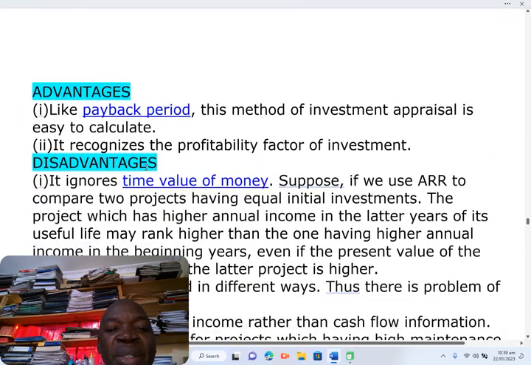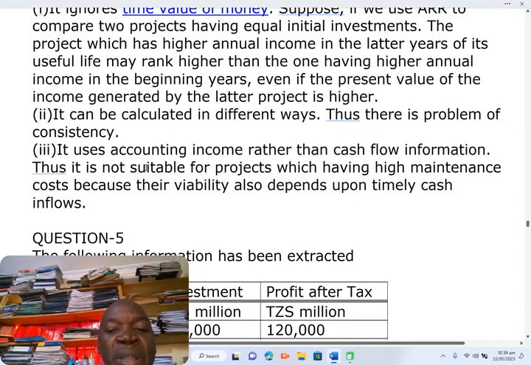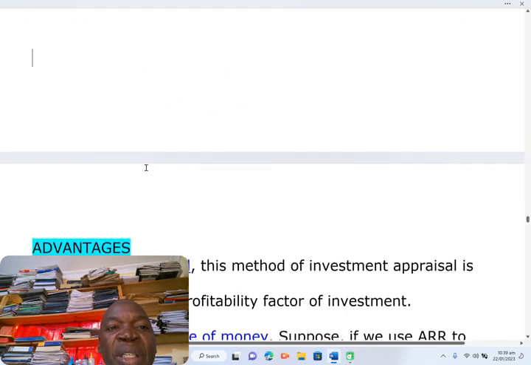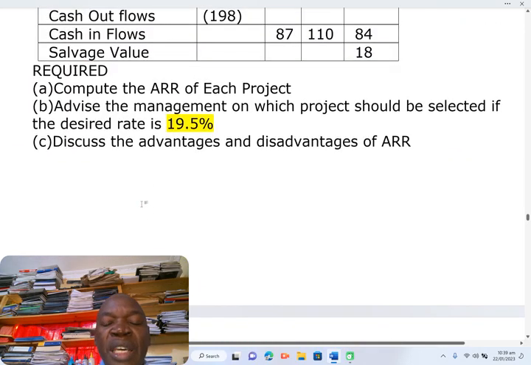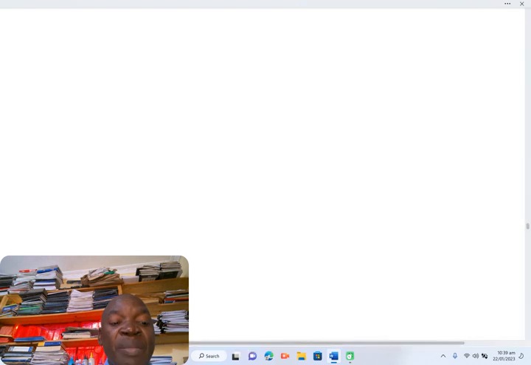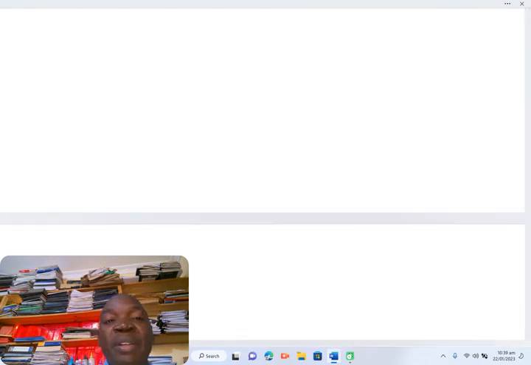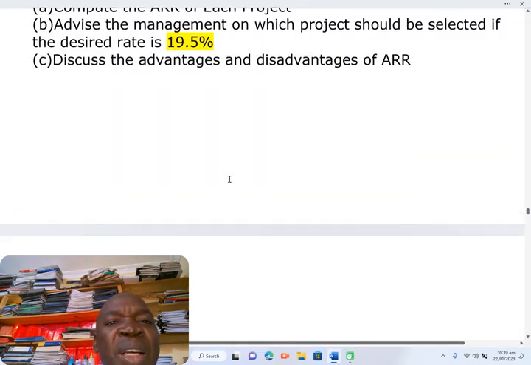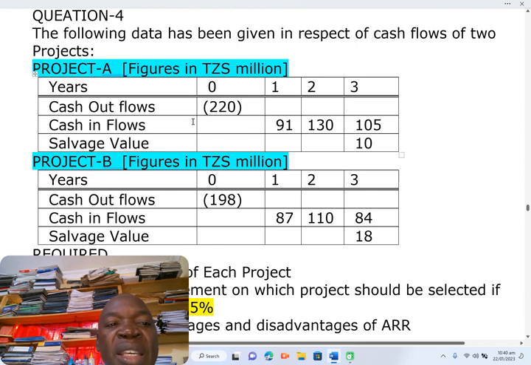As I said, there are several methods of how to treat this one here. Let us start with a demarcation here. Let me start with project 1, project A, and then project B, so that when you understand them, it's possible you can follow. Both of these projects are 3-year projects.